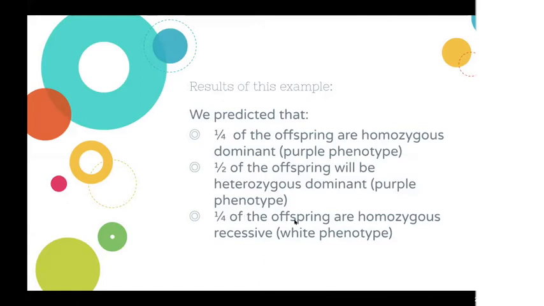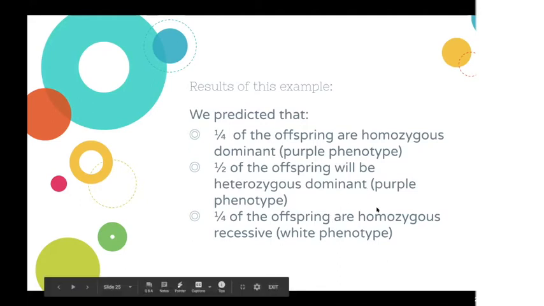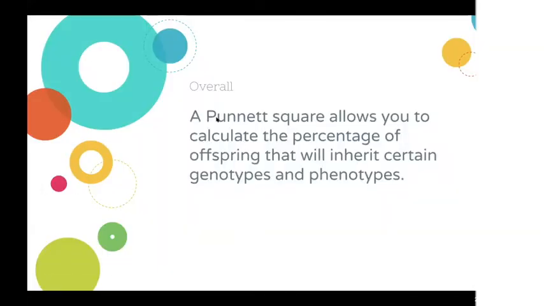And 1/4 of the offspring are homozygous recessive, meaning that there are no dominant alleles present in the allele pair. And this will result in white flowers for the offspring. So overall, a Punnett square allows you to calculate the percentage of offspring that will inherit certain genotypes and phenotypes. So this can help you predict how many of the offspring will look a certain way or have a certain trait.